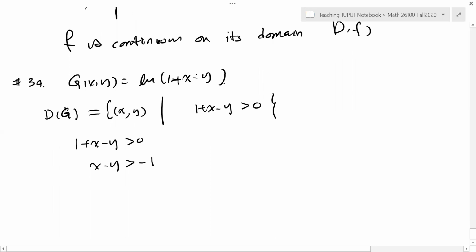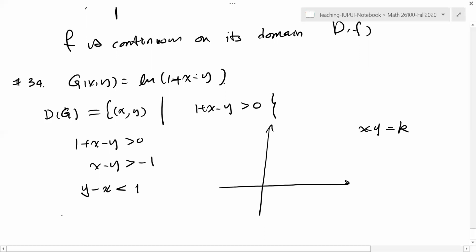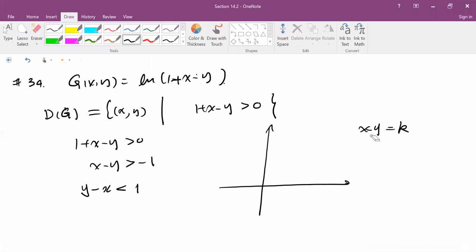Now, it is better to use level curves to understand this picture. Let's look at x minus y equals k. I'm going to move things to the opposite side: y minus x less than 1, because I want to talk about lines.